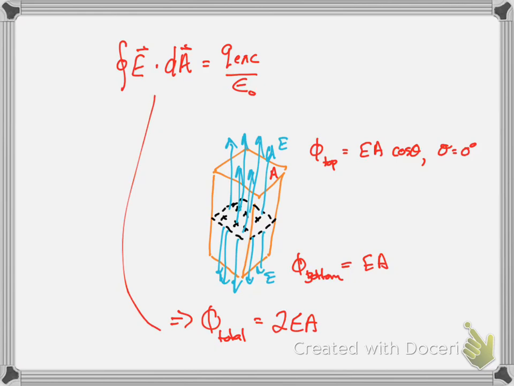That's what goes in here. Easy enough. Therefore, we're done? Oops, nope, we're not done yet. 2EA equals Q enclosed over epsilon 0.